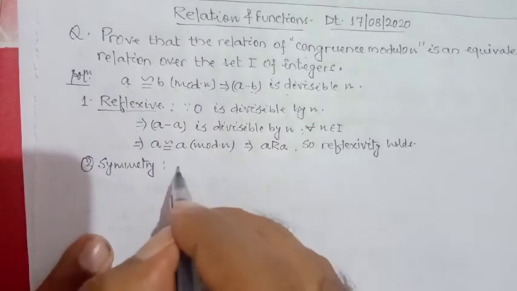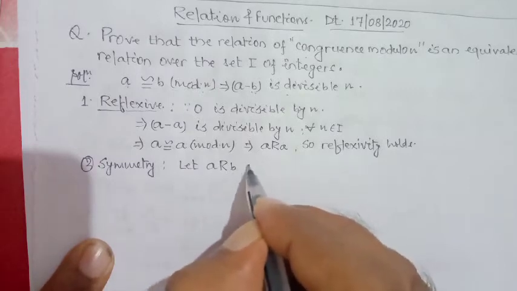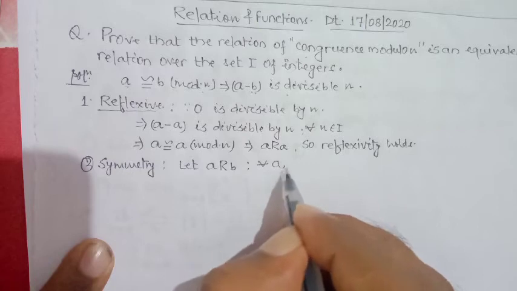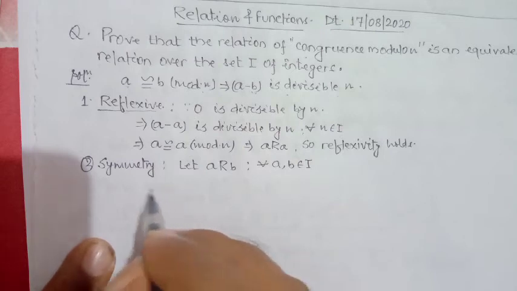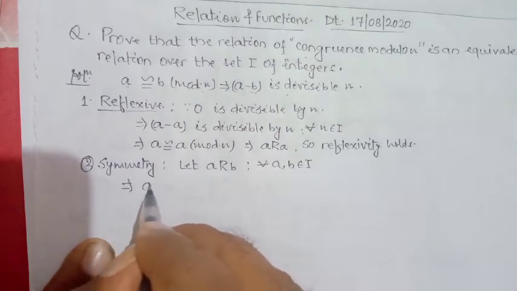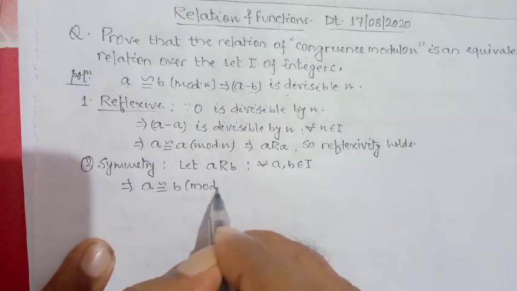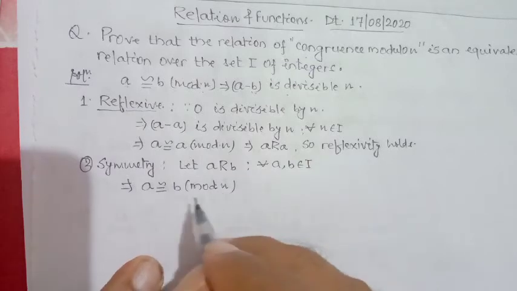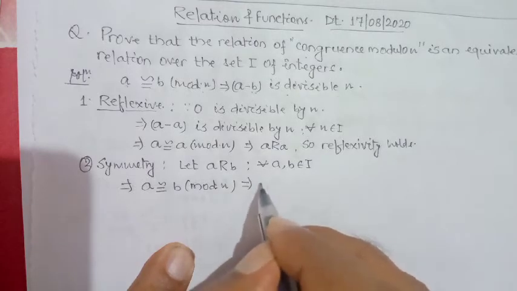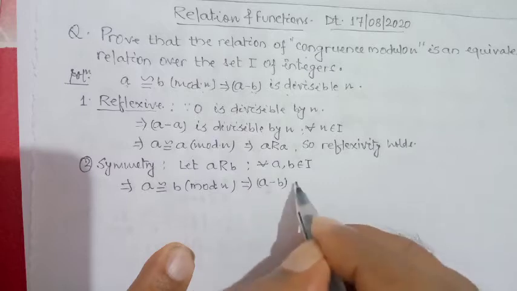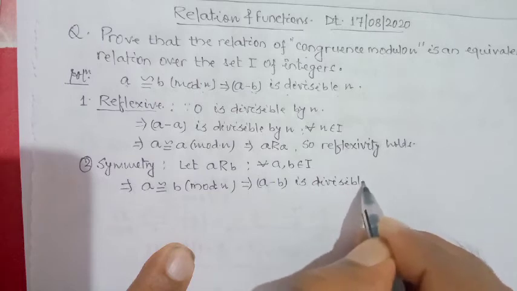Let a be related to b for all a, b belongs to I. A related to b means a congruence b mod n according to our question. A congruence b mod n means a minus b is divisible by n.